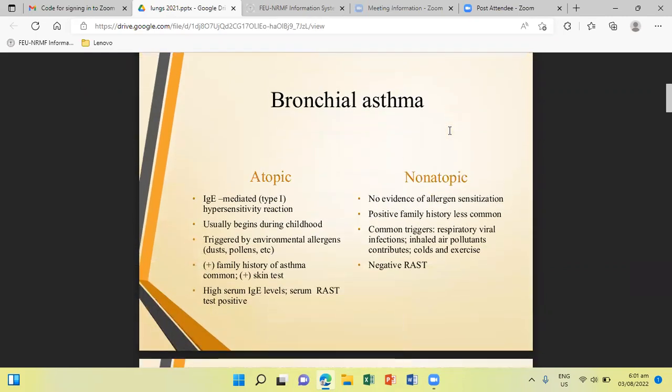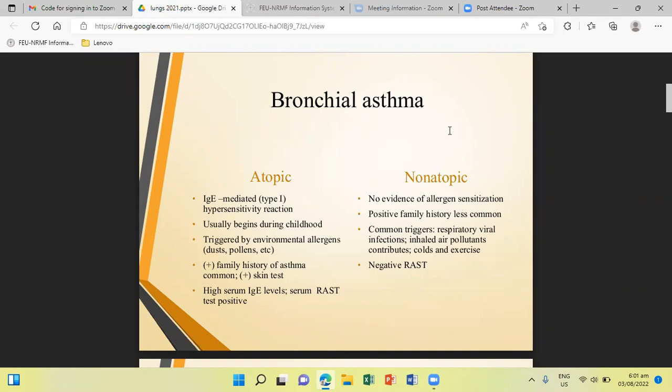So here I tried to tabulate the difference between atopic versus non-atopic asthma. Atopic asthma is usually immune-mediated, and do not forget the involvement of IgE, immunoglobulin E. It is a hypersensitivity reaction.